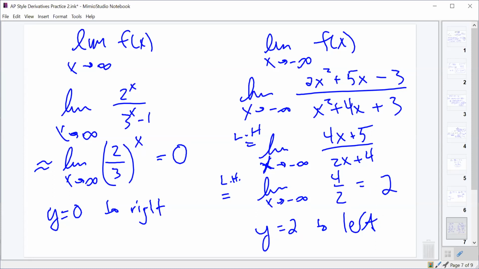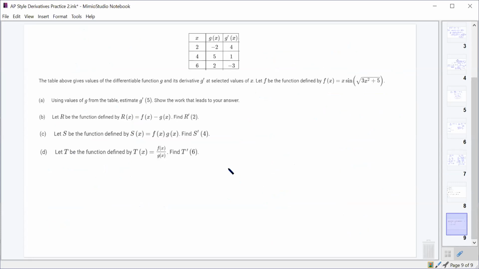Everybody good with that or no? All right. We got a little bit of time left. I'm going to at least get you guys started on this one.